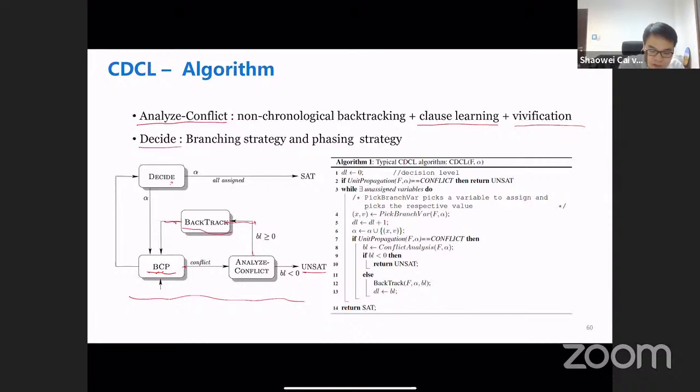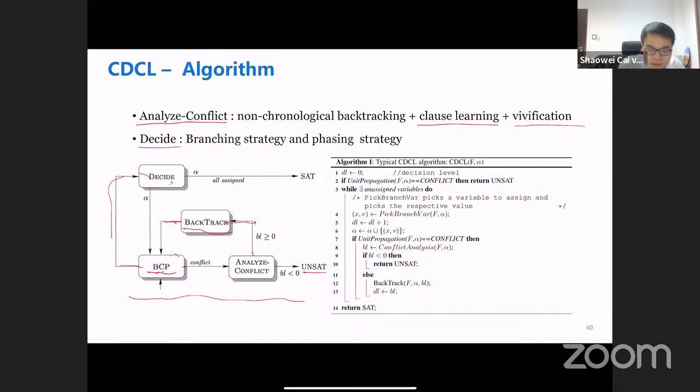Together with the learned clause, we do unit propagation. And if at some stage we cannot do unit propagation, we go on to decide another new variable, and this is the loop.